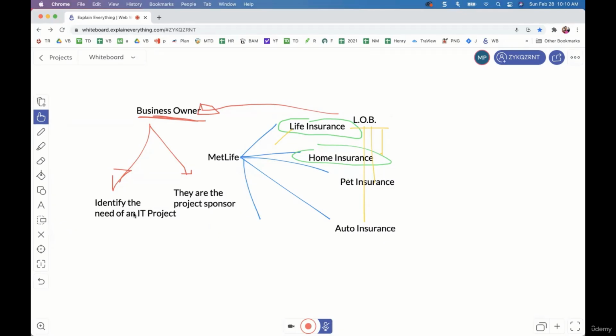Or let's say they say that I need to make some change in my system, they want to do a system enhancement. So they'll identify the need that, yes, that's an IT project I need to do. And I said they are the project sponsor. So what does that mean?